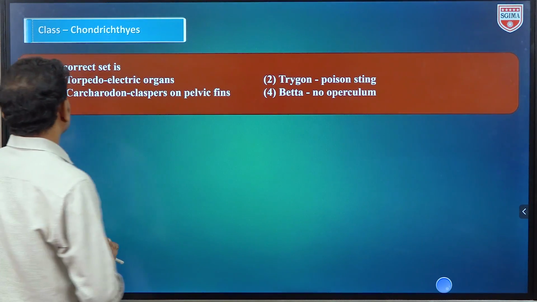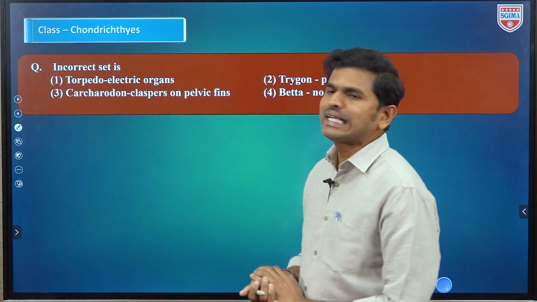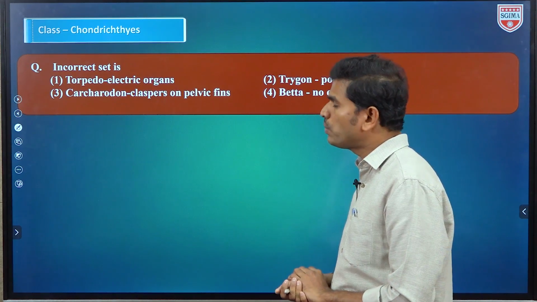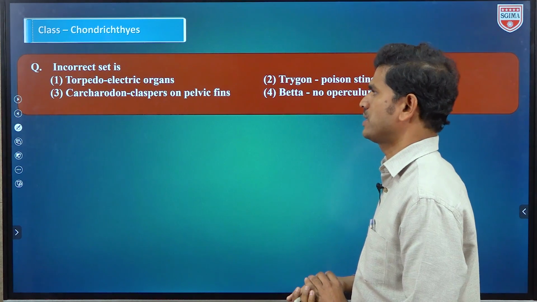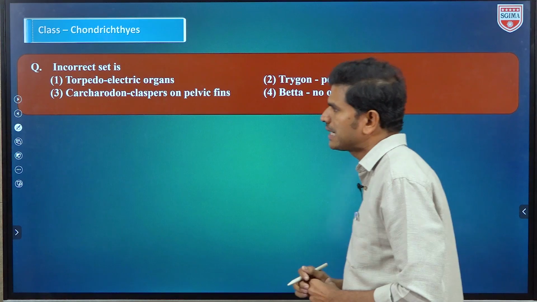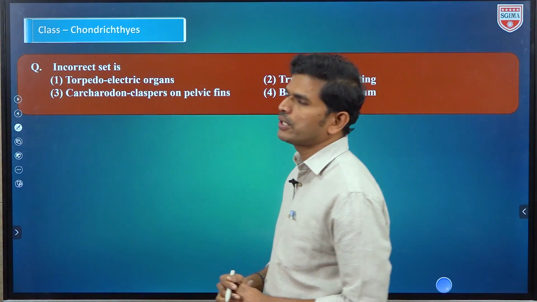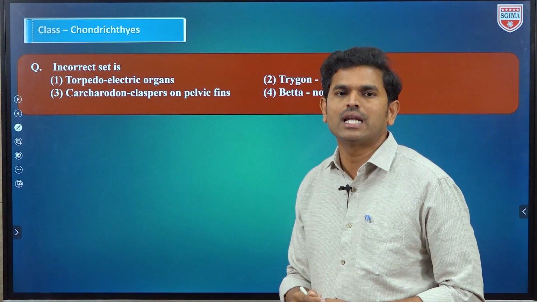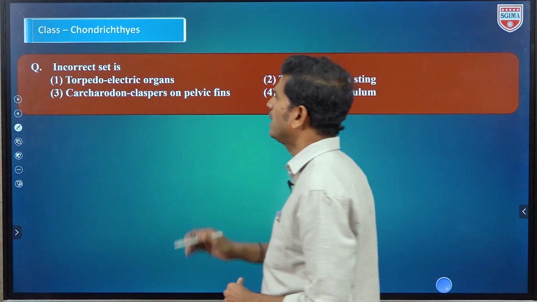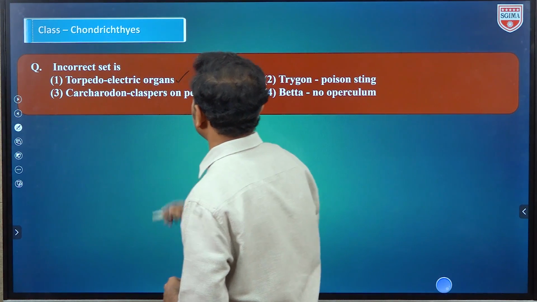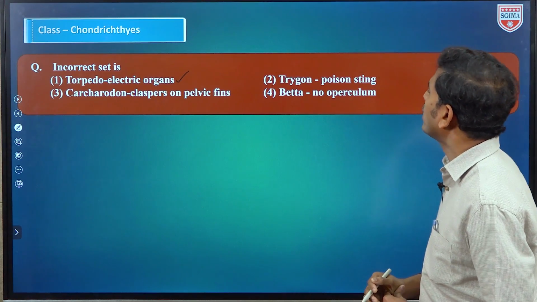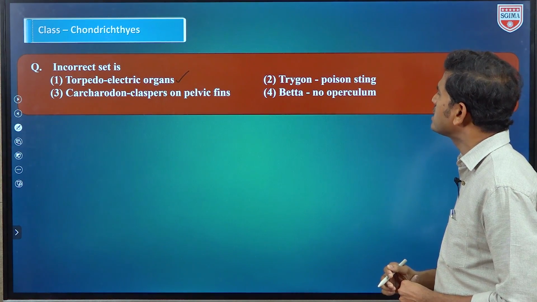Yes. Another question: the incorrect set is. We have to identify the incorrect set. First set is torpedo, electric organ. Torpedo is known as electric rays, so they contain electric organs. It is correct. Next, trygon, poisonous sting.